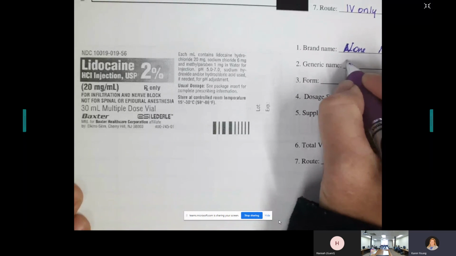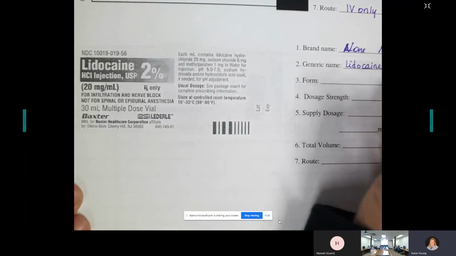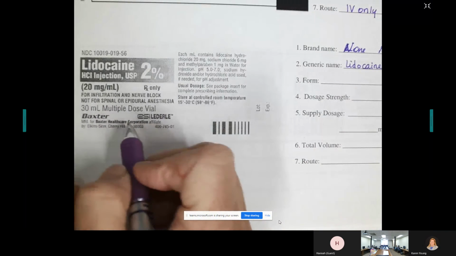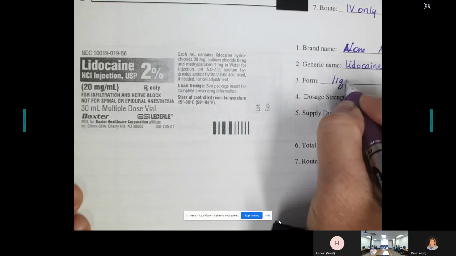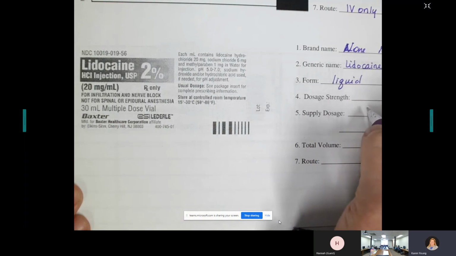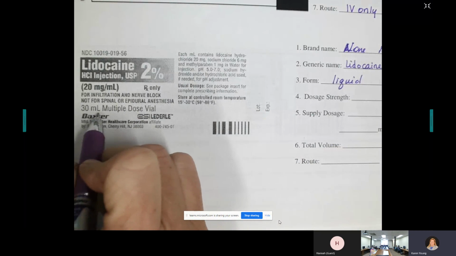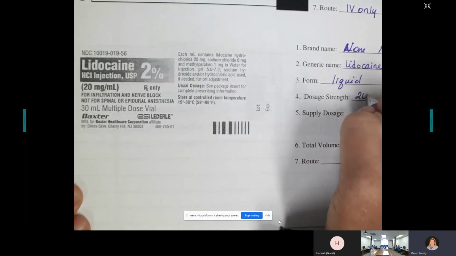Our generic name is the lidocaine. Our form, since it's an injection, our form is going to be what? Liquid. And then our dosage strength, since it's a 30 milliliter multi-dose vial, it's going to be 20 milligrams per milliliter.